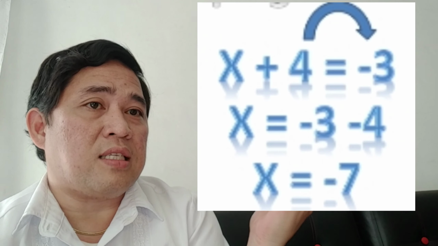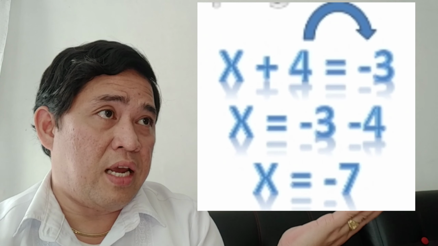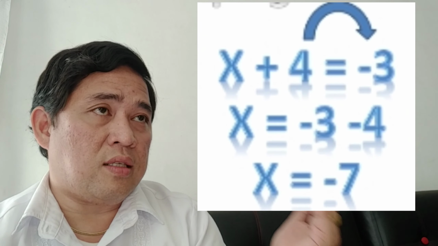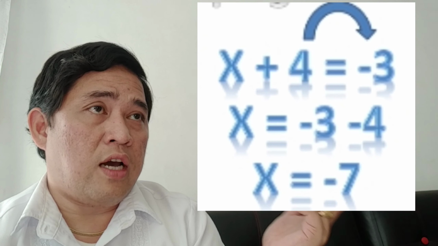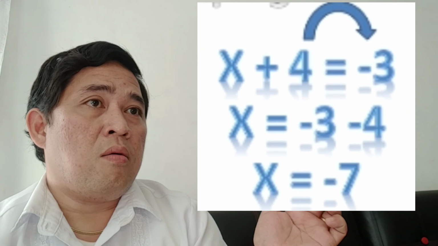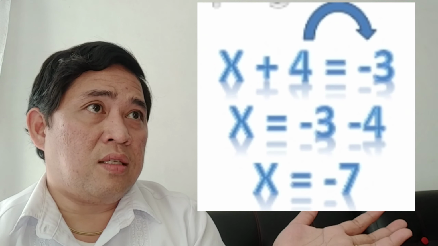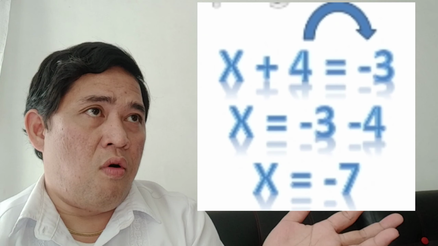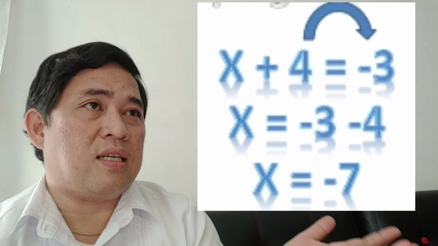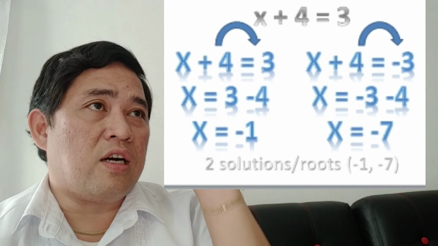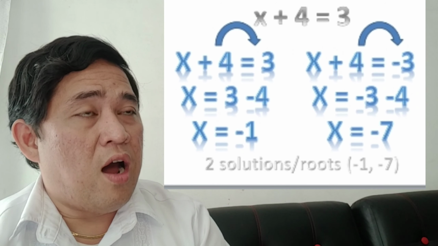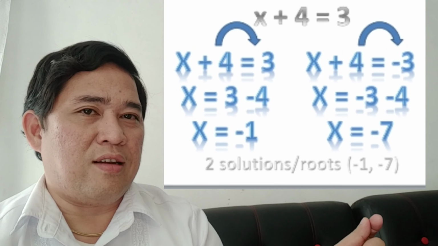And then let's solve the other solution. X plus 4 equals negative 3. Next, transpose 4 to the other side: negative 4 minus 3. Since they have the same sign, let's add 3 and 4. So x is equivalent to negative 7. So there are 2 solutions: x is equivalent to negative 1 and negative 7.